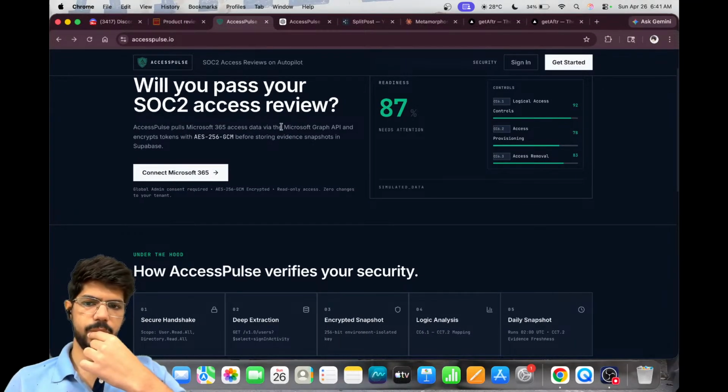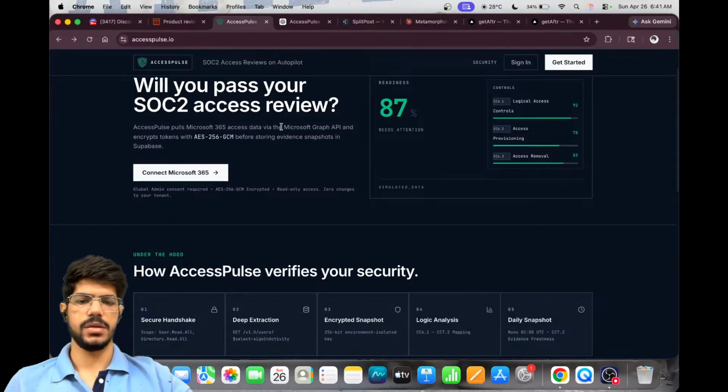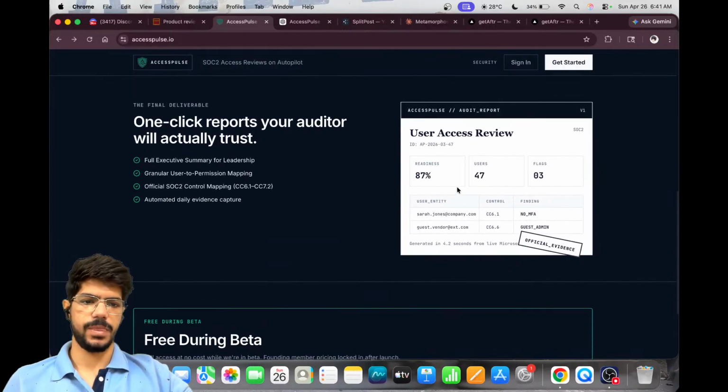And another thing would be that it tells the user what the problem with the system is, right? So, for instance, it says readiness 87%, and flags is actually useful. Users would find it useful. Readiness 87%.